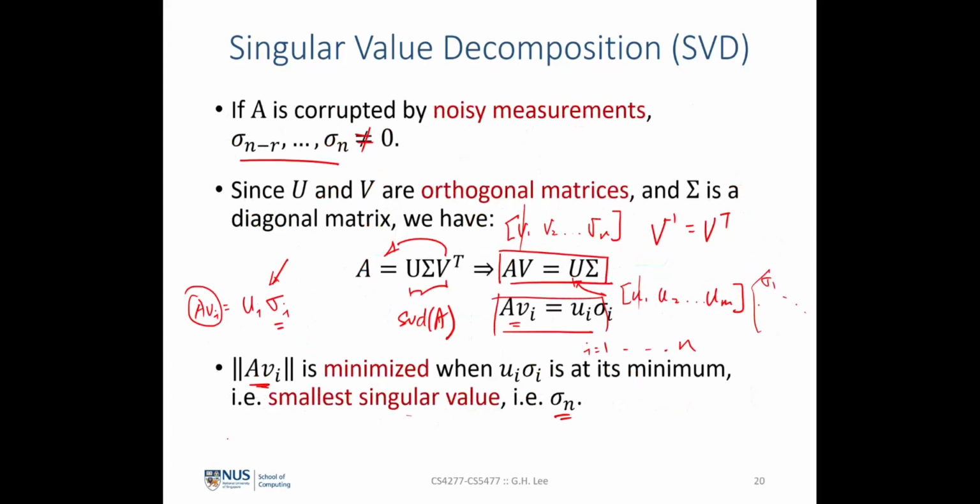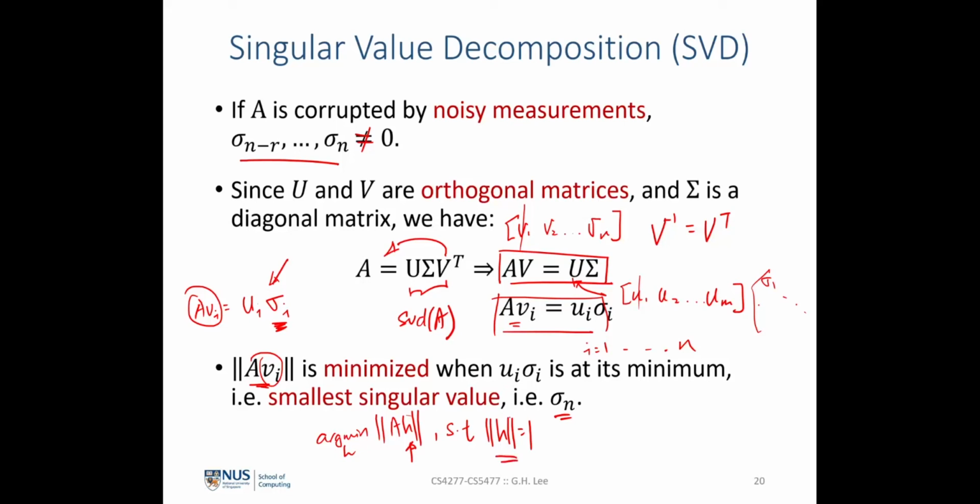And hence, this will give us the solution to the optimization cost function, the least squares cost function that we are after. We are after the minimum of AH, subject to the constraint that the norm of h should be equal to 1. What this means is that AH would be at its minimum when we choose the Vi that corresponds to the smallest singular value. We are also guaranteed that the norm of h would be equal to 1.